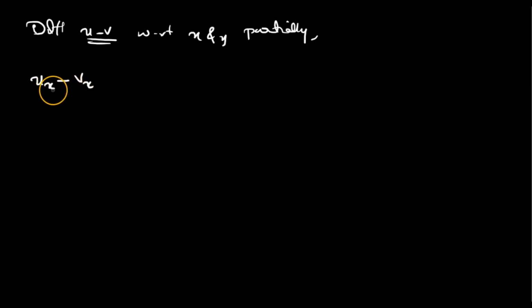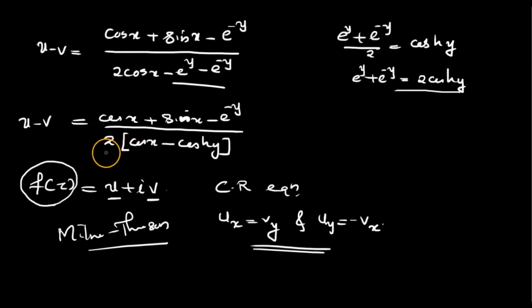Now with respect to x, this is in the form of u divided by v, so we need to consider denominator into derivative of numerator minus numerator into derivative of denominator, divided by denominator square.